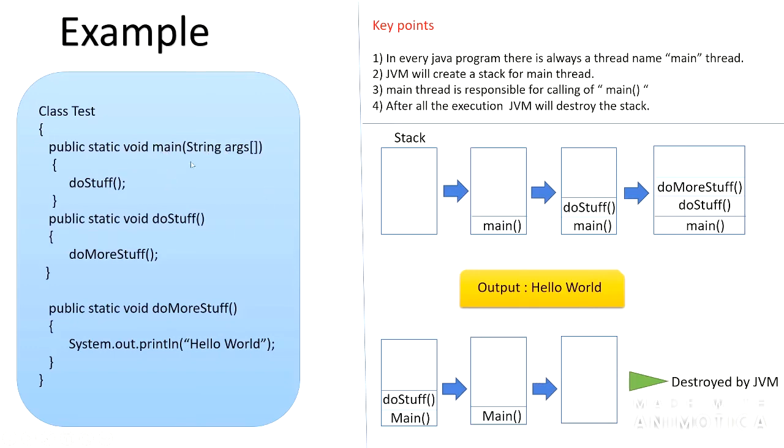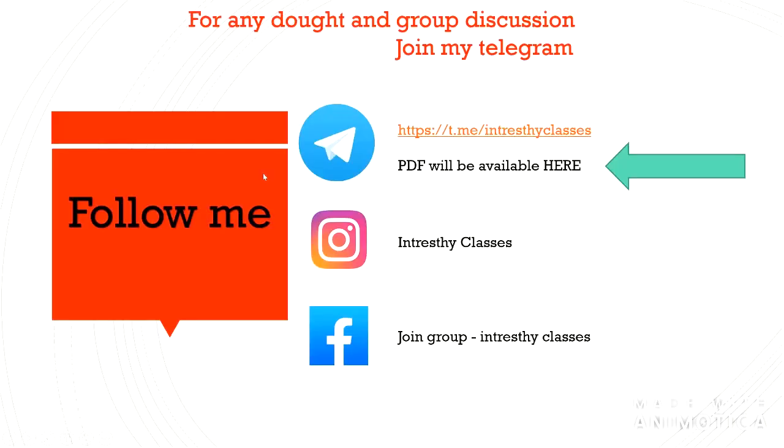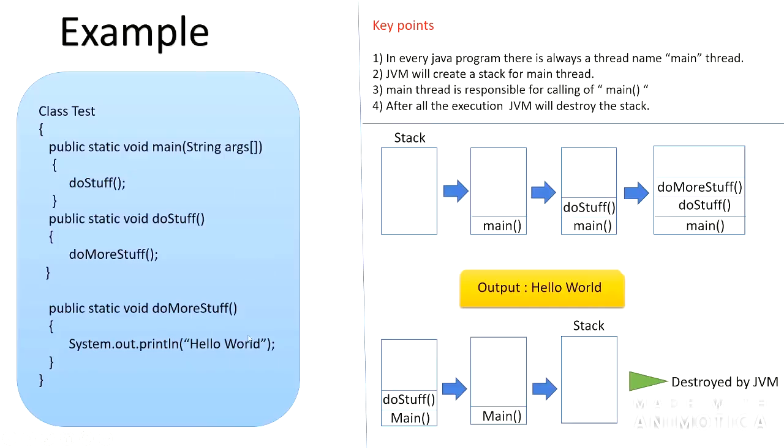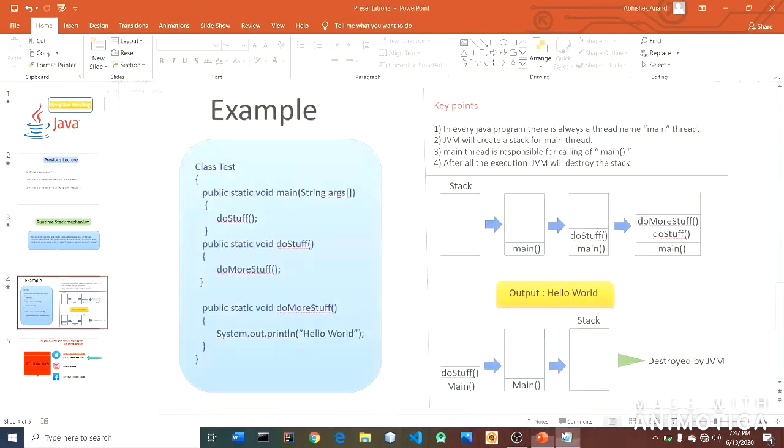So let's understand by doing it practically in Notepad. Let's run the code. Class Test, public static void main, String arguments. In the main method we have to call doStuff.